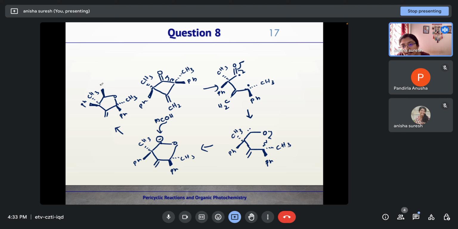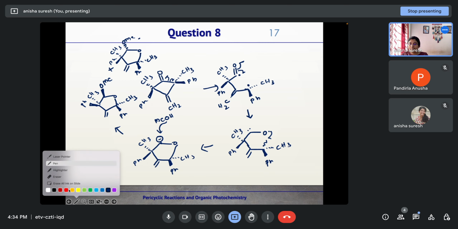So depending upon that, we will get OMe alpha or OMe beta. Ph, CH3. So this is the mechanism that will be taking place.